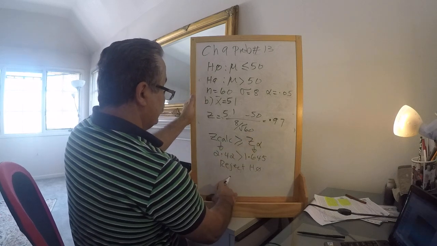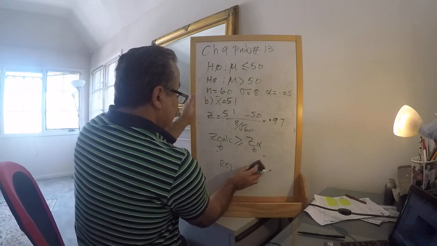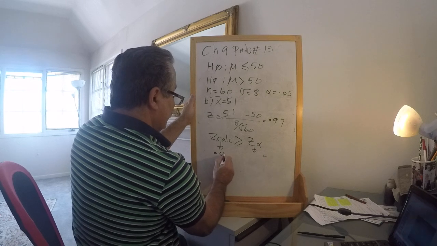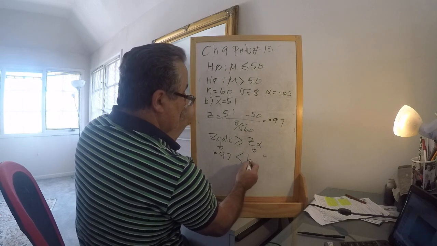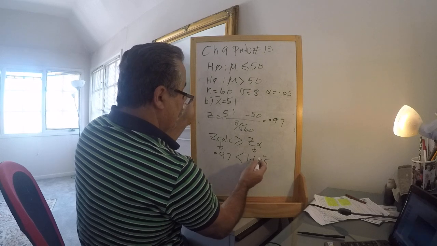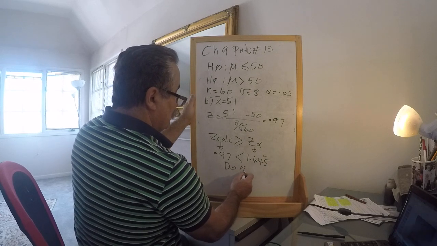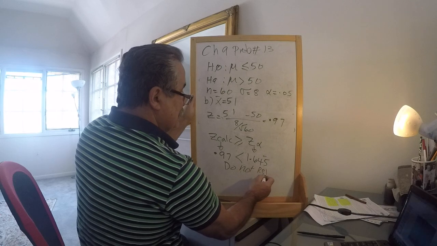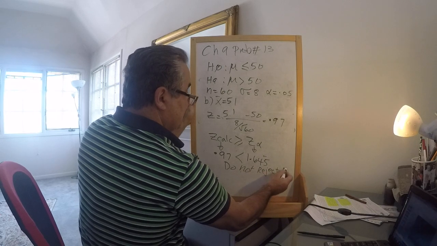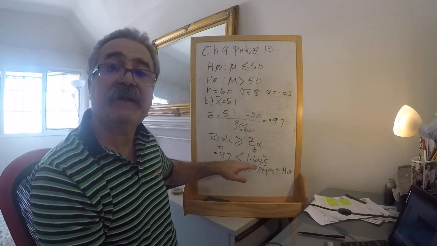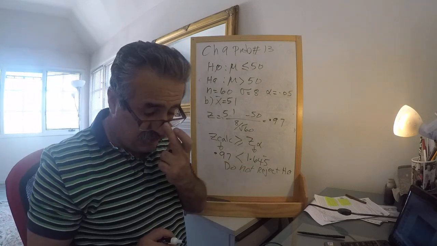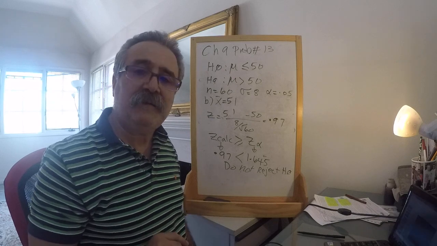So z-calc is 0.97, which is less than z of the alpha, which is 1.645. So in this case, do not reject H0, because our z-calc is not greater than z of the alpha.